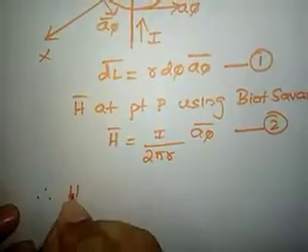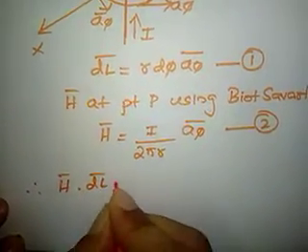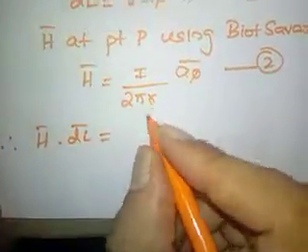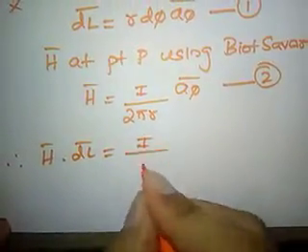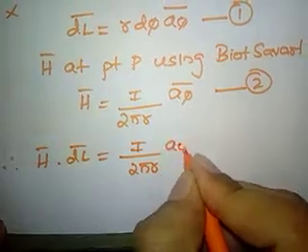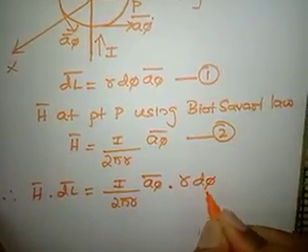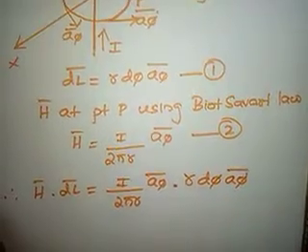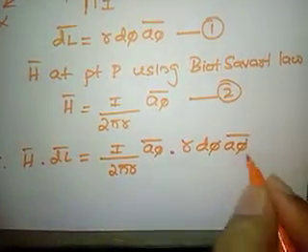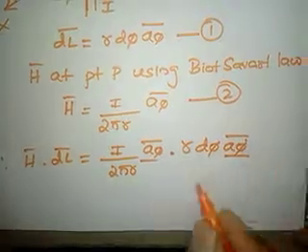Therefore H bar dot dl bar will be equal to I divided by 2 pi r a phi bar dot dl bar, where dl bar is r d phi a phi bar. So a phi bar dot a phi bar is 1.